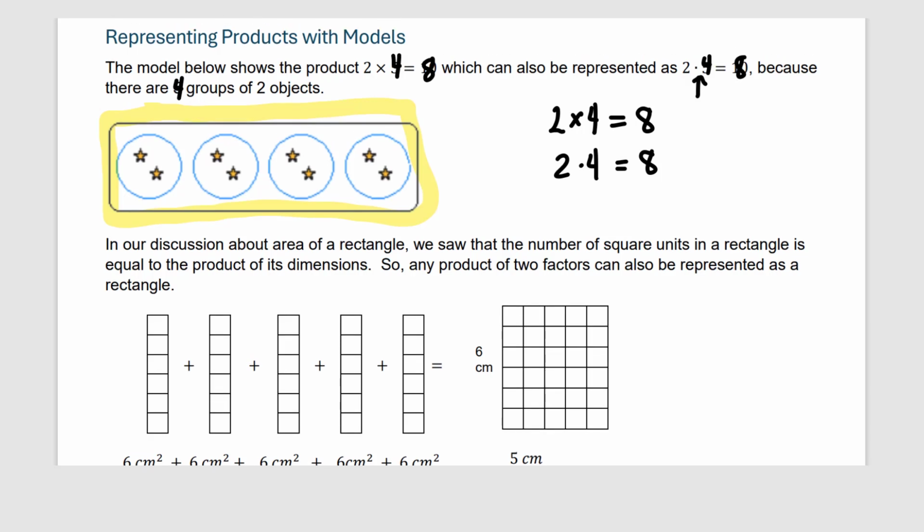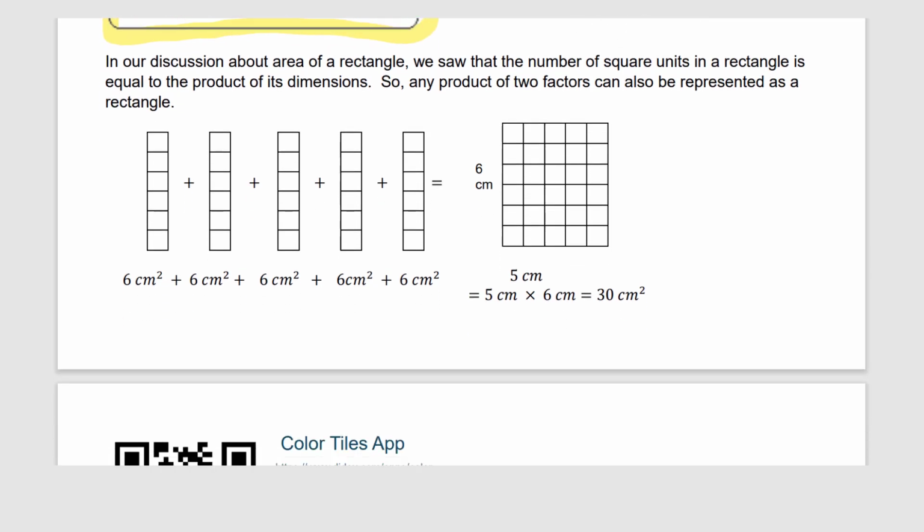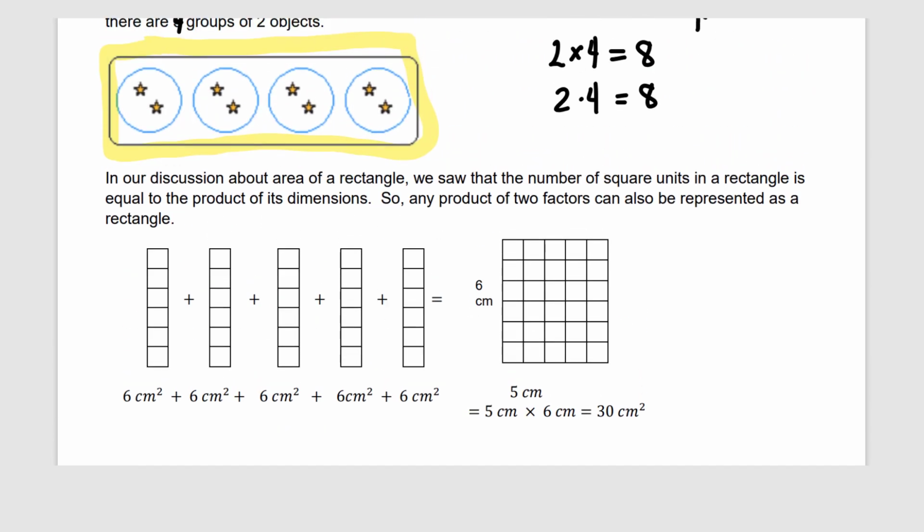Previously in my class, we also worked on the areas of rectangles, and this is another opportunity to represent a product, because to find the area of a rectangle, you multiply its dimensions. And you see, if we take 6 tiles, let's say they're square centimeter tiles, we add up 5 groups of them, squishing them together, we get a 5 by 6 rectangle.